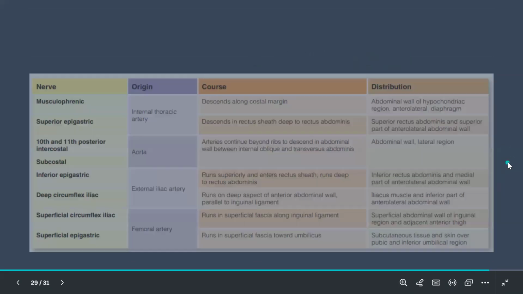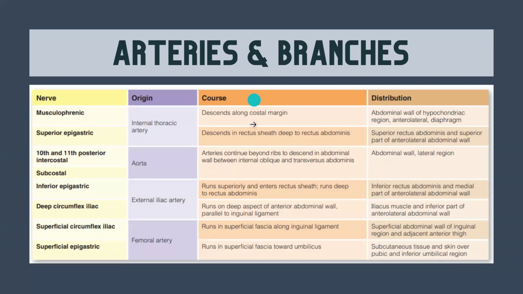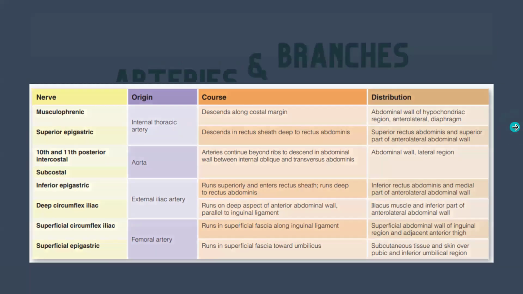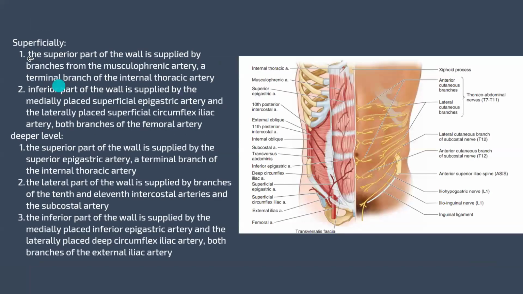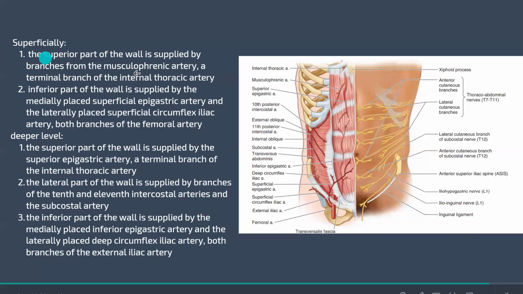However, if you would like to know how they work without going back into the distribution and courses, you need to remember this one. It is very easy, because there are superficial and deep parts of the abdominal wall, each with superior and inferior regions, and the deep part also has a lateral region. Superiorly, the superficial part is supplied by the musculophrenic, part of the internal thoracic artery.